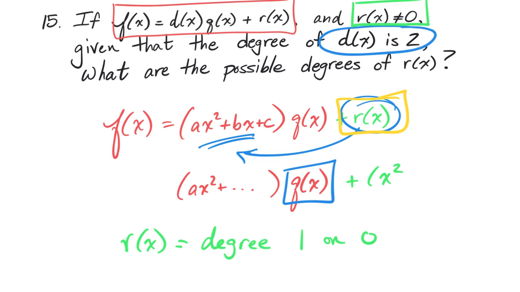Maybe when I divide by that quadratic divisor, it goes in an even number of times. There is no remainder, therefore the remainder is 0. But the problem has ruled that out, so I have to be degree 1.